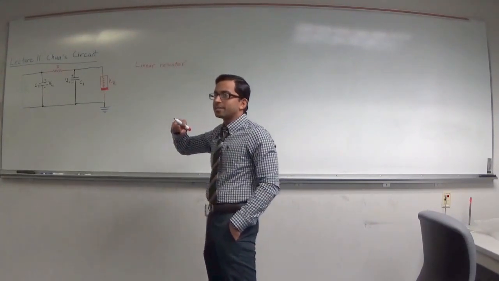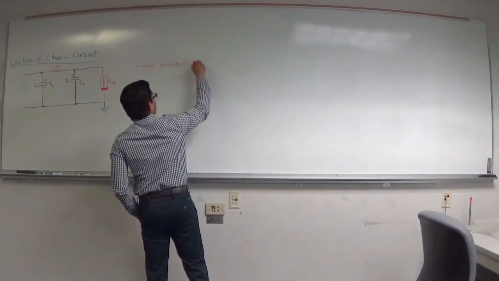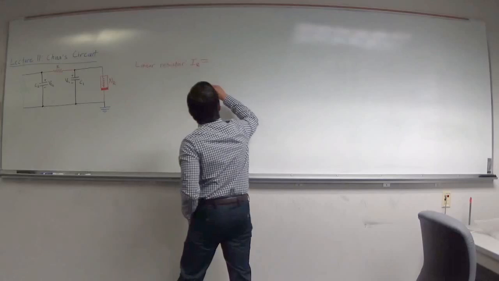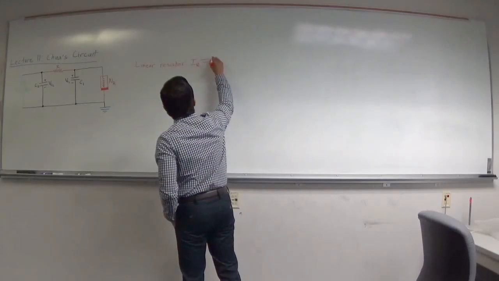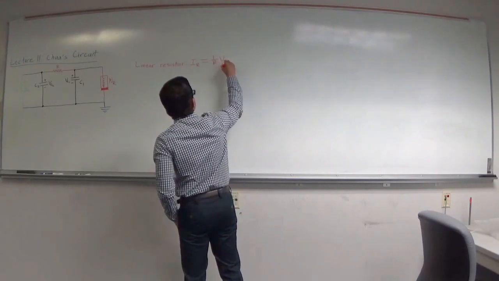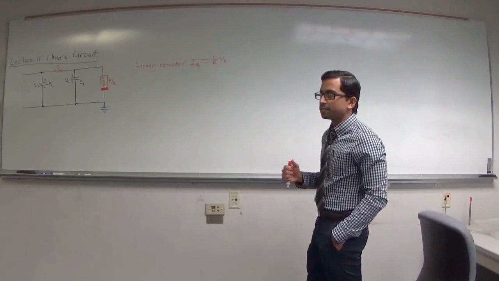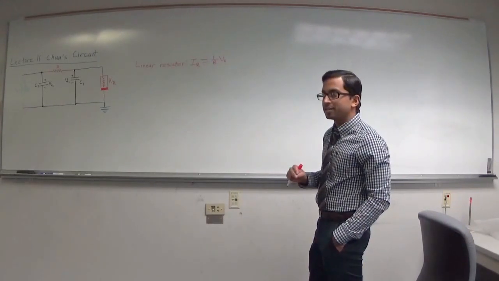V equals IR. Okay, V equals IR. So that means I is going to equal V over R, or 1 over R times V, where the sub R is just representing that resistor. So that's a linear resistor.